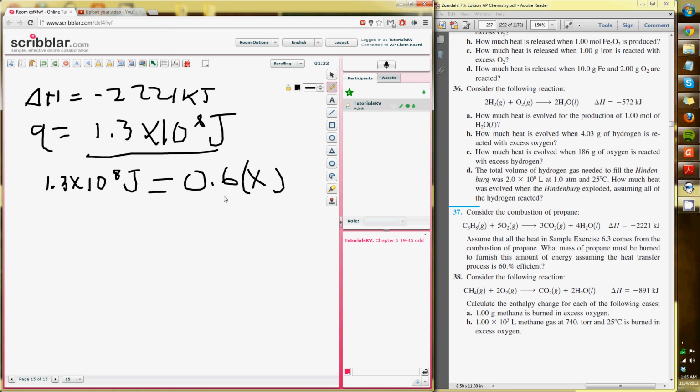So this is basically saying that 60% of the actual yield is equal to this, and you just divide by 0.6. And then the 100% efficiency would give you 2.2 times 10 to the 8th joules.